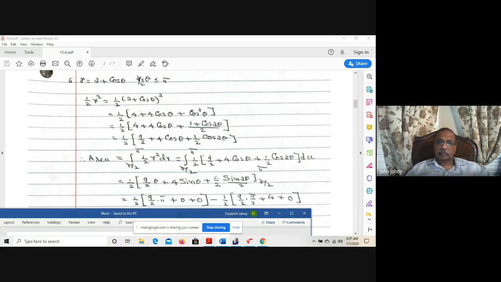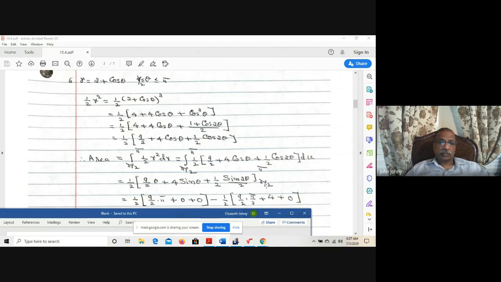1/2 times the upper limit: 9 over 2 times pi plus 4 sine pi, that is 0, plus 1/4 sine 2 pi, that also is 0, minus.